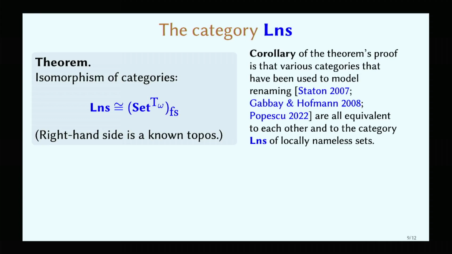And Andrei Popescu, in his ICALP paper last summer, has yet another category of so-called renaming sets. It turns out all those categories are equivalent to each other, and they're all equivalent to the category of locally nameless sets. So that's really quite a nice unification of the landscape.